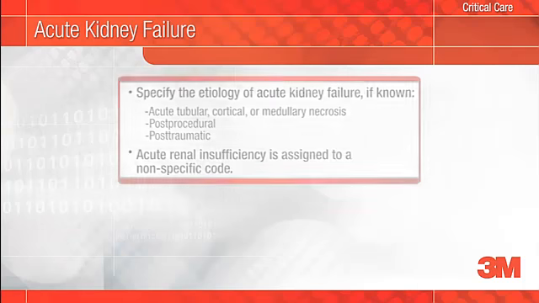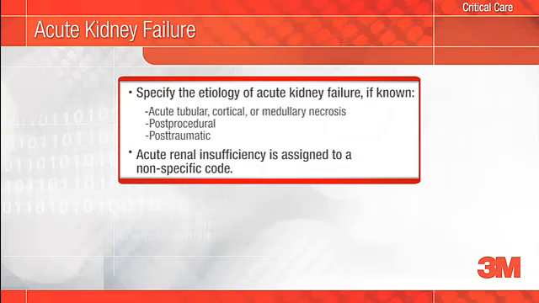There is not a lot new with regard to the documentation of acute kidney failure in ICD-10. You must specify the etiology of the acute kidney failure, if known or suspected, and whether it is acute tubular necrosis, for example, or as a result of trauma or a procedure.